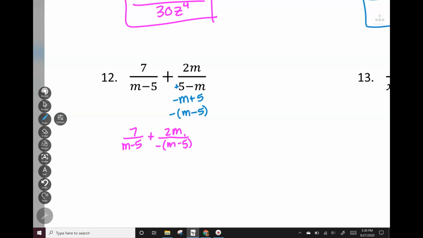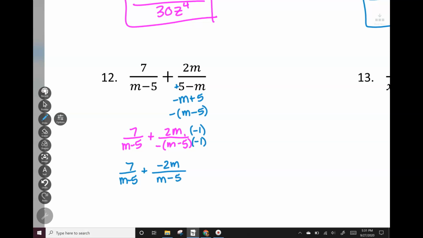Now to get those to match, like I said, I could multiply by a negative 1 on the top and the bottom. So that's negative 2m on the top. And then those two would cancel, right? So it becomes just m minus 5 in the bottom.